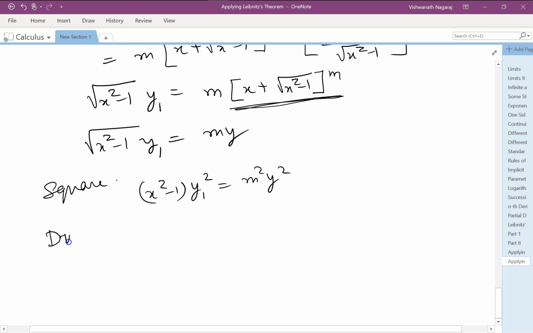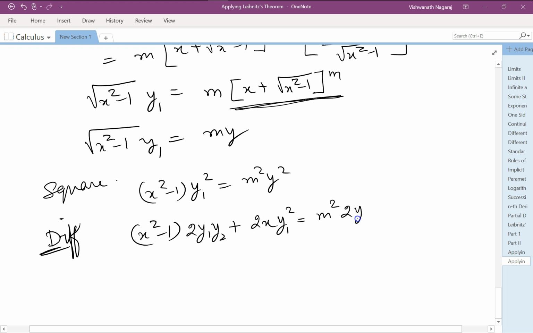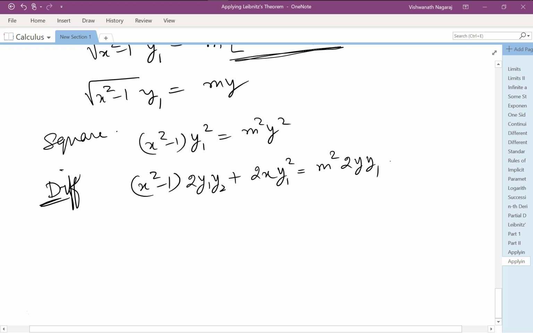Now we differentiate: x square minus 1 times 2y1 y2 plus 2x y1 square is equal to m square times 2y y1. Now here 2y1 is common, so we divide it by 2y1.